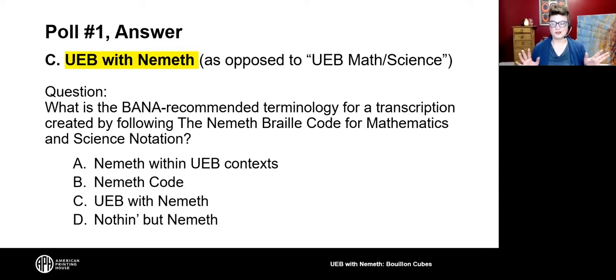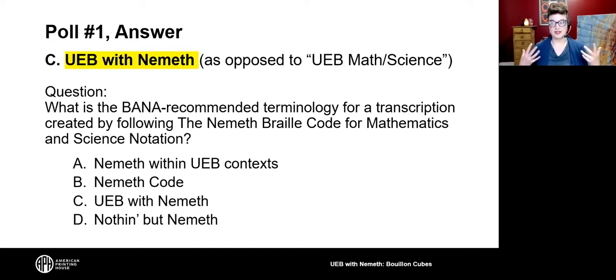The goal of this wording is partially to quickly, at the very beginning of the phrase, distinguish a transcription created using the Nemeth Code from a transcription that would have been created using EBAE, or English Braille American Edition, and Nemeth Code.